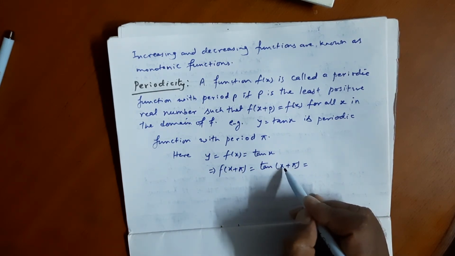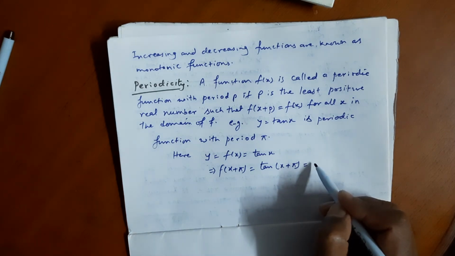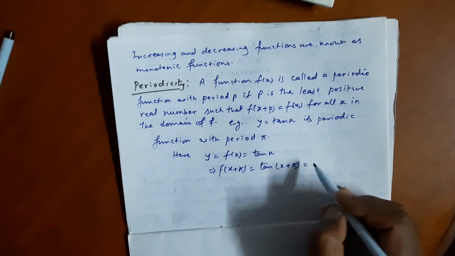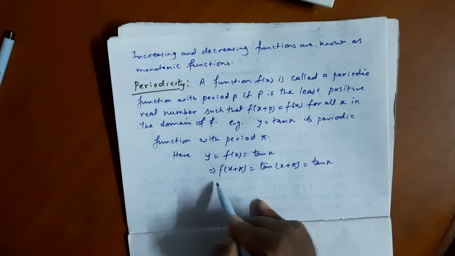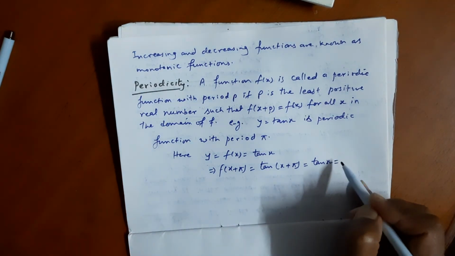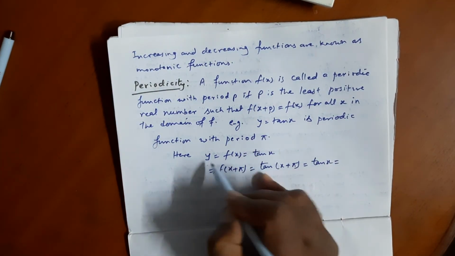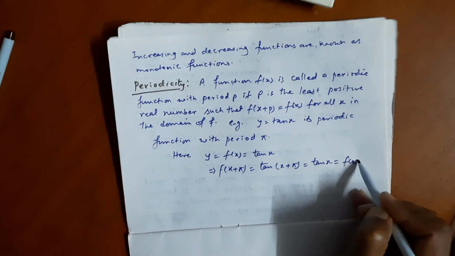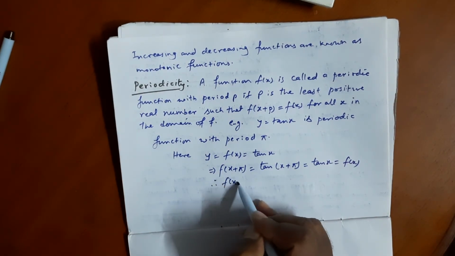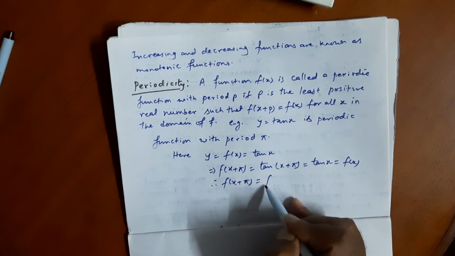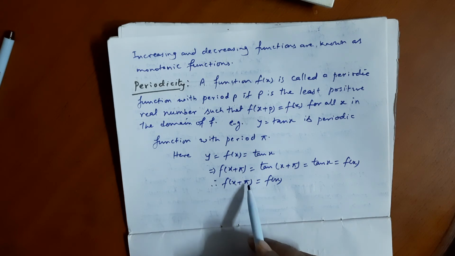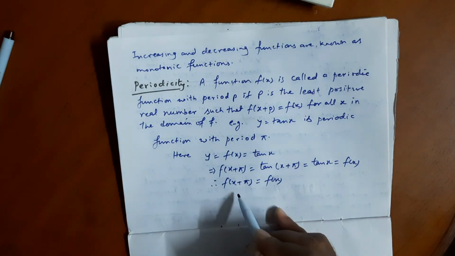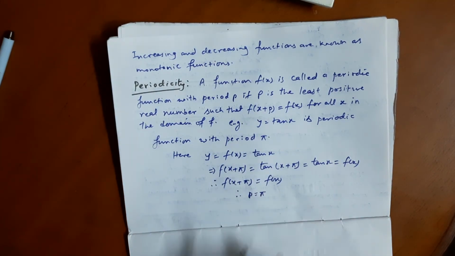Tan of 180 plus theta is tan theta. It lies in the third quadrant. In the third quadrant, tan and cot are positive, so it will be tan x. That means we have got tan x, which is f(x). Therefore, f(x plus pi) equals f(x). So the value of p equals pi.